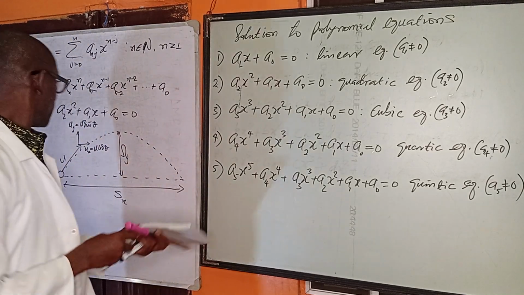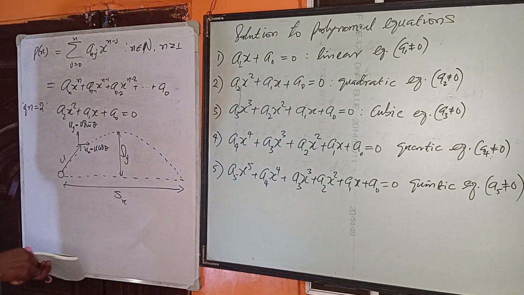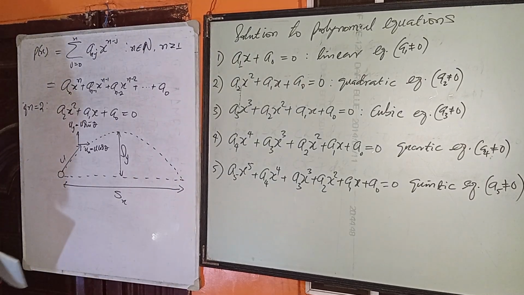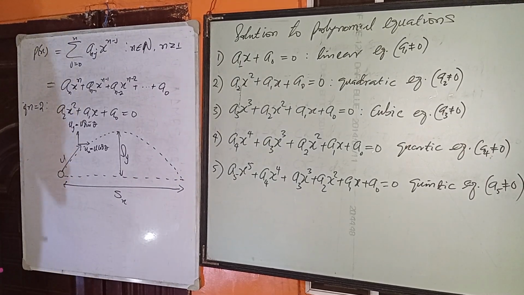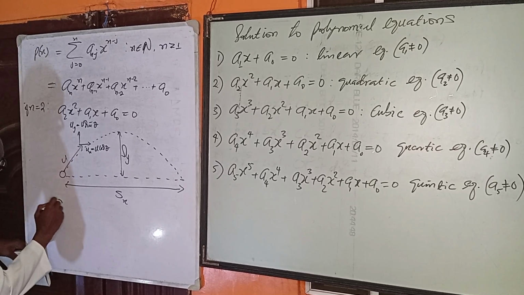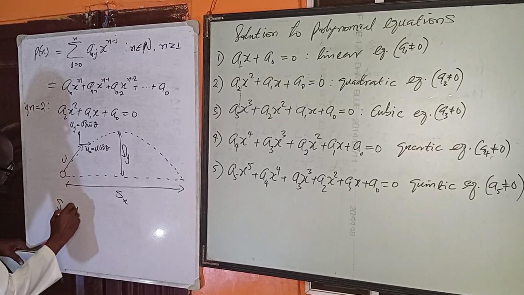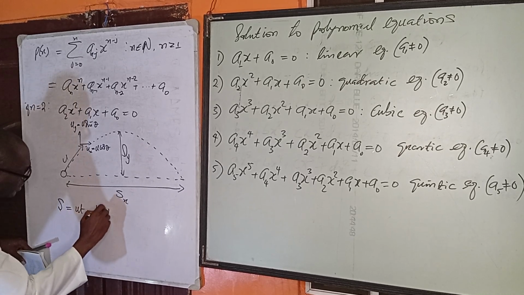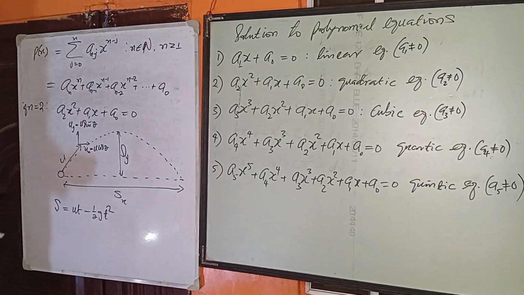Now, if we recall the formula for the distance covered by a particle as we have it in physics, we have that x is equal to ut minus 1 over 2 gt squared.